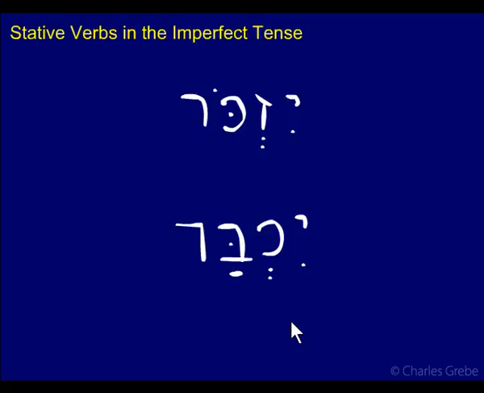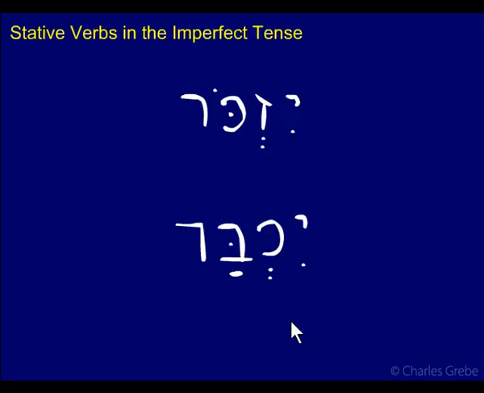So, you translate stative verbs the same way you would translate dynamic verbs. The only difference is that it's stative versus dynamic, but all the other translation issues, future, modal, customary, whatever, those all carry over exactly the same.